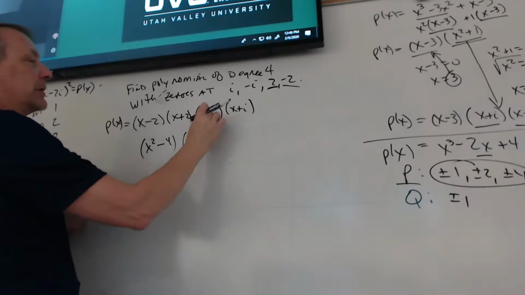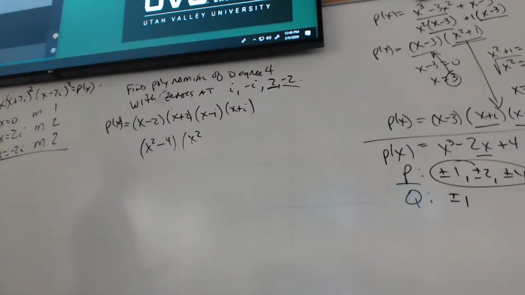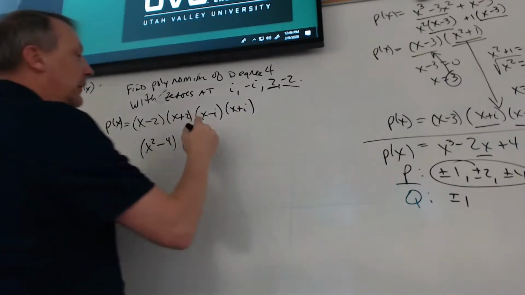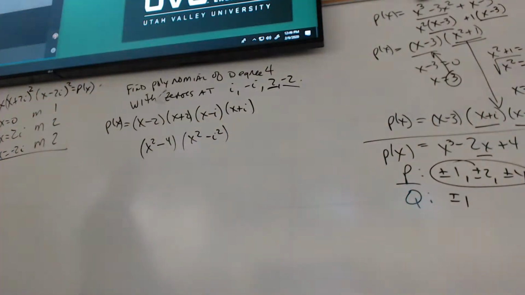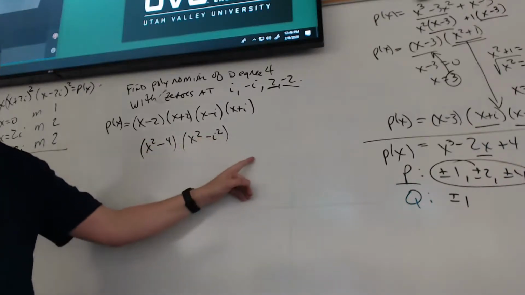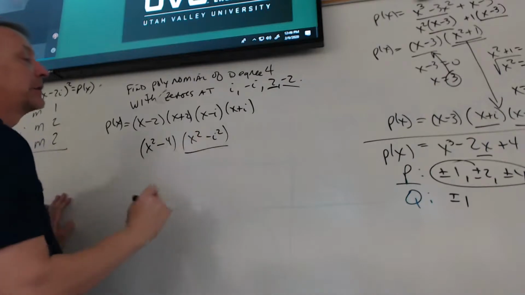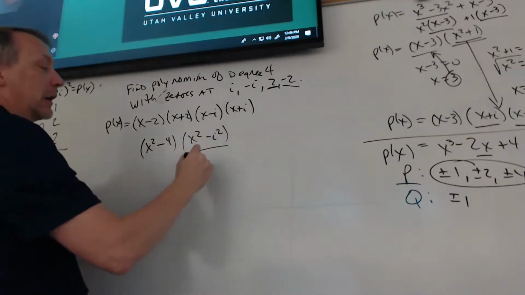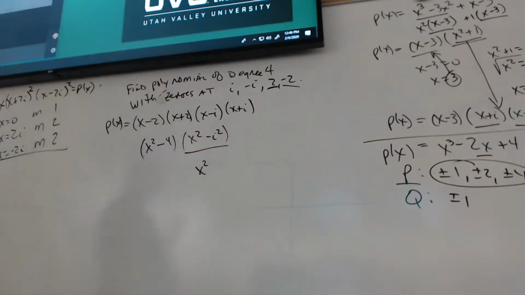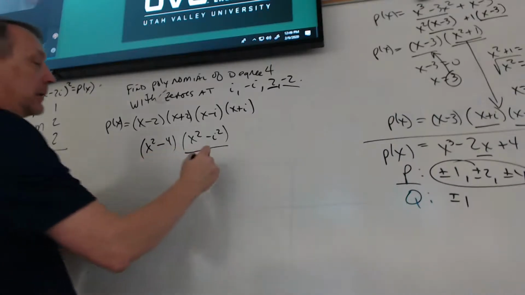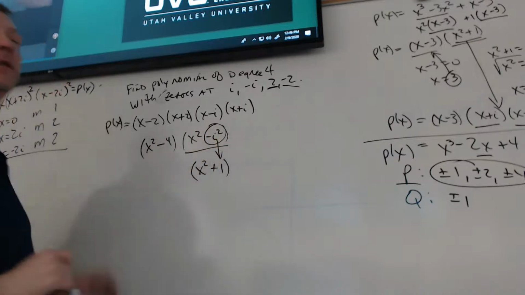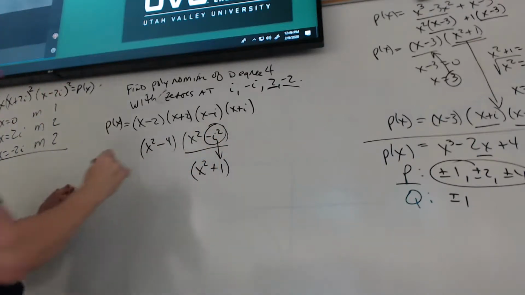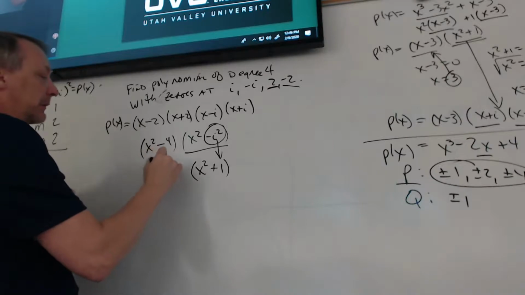These are going to cancel. What's negative i times positive i? It's negative i squared, right? What does i squared equal? So we're subtracting a negative 1. So therefore this becomes plus 1. So I've just turned an imaginary number into a real number, right? Now I've got x squared minus 4.